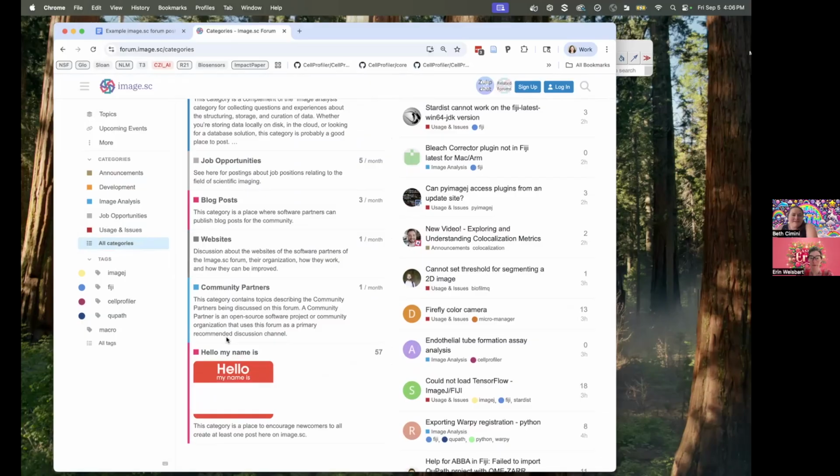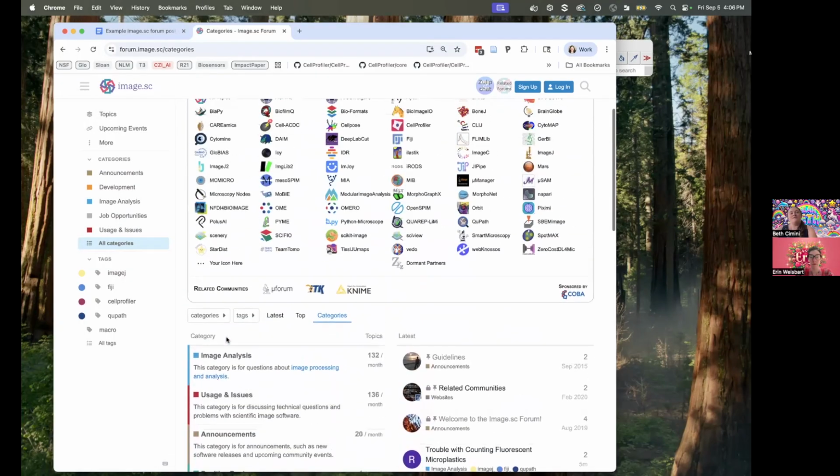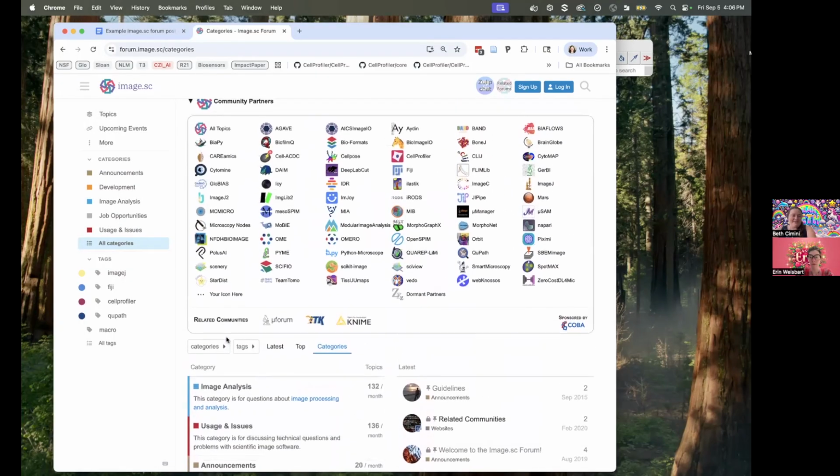And I want to say, we have especially emphasized to everybody who posts there that this is a place for beginners. We want this to be very beginner friendly. You don't need to be an expert in image analysis to hang out here. You just need to have an image and a question. That's wonderful.